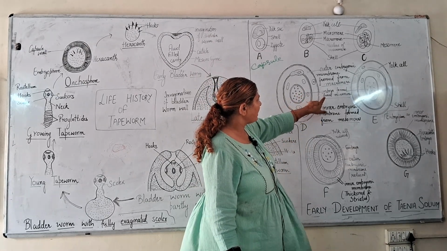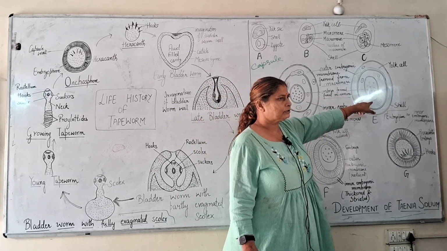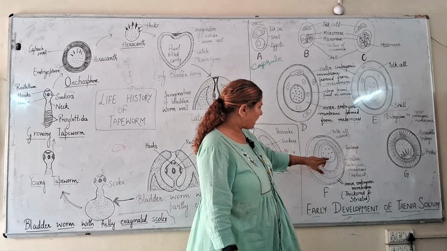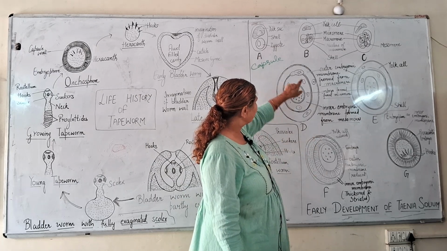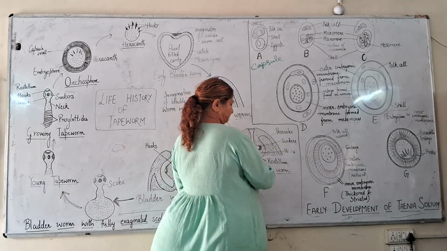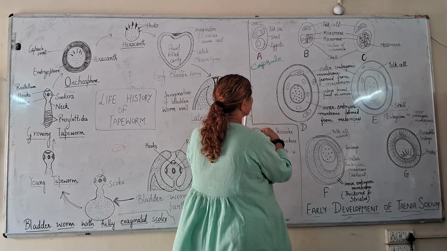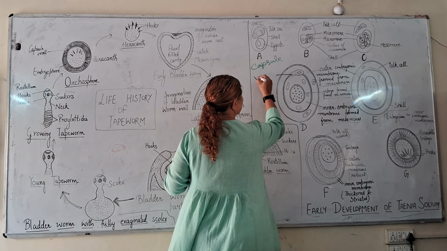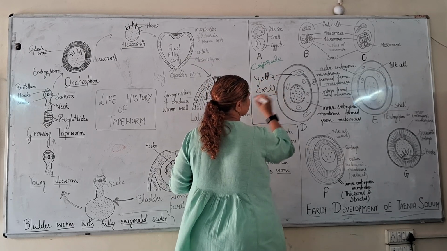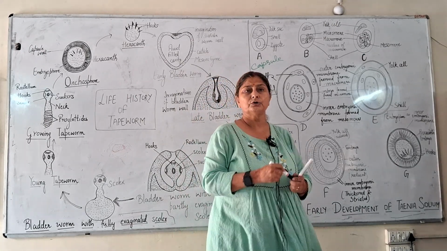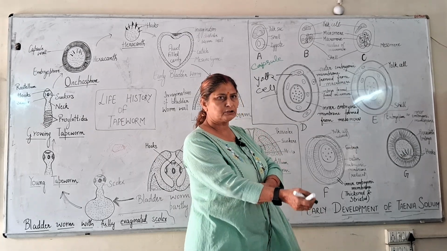Now this is the embryo formed from micromeres. Here you can see the outer membrane developed, the inner membrane, and this is the yolk cell. This black one is the yolk cell. Of course the yolk cell should be there because it provides the nourishment.